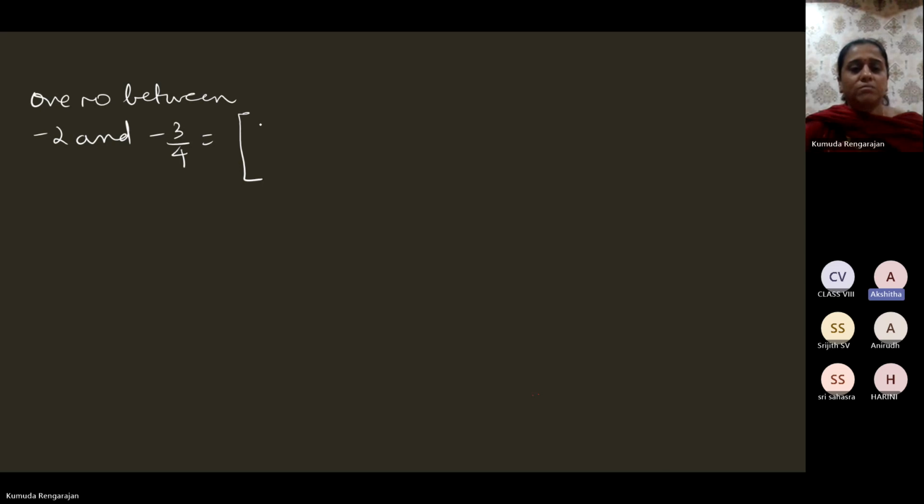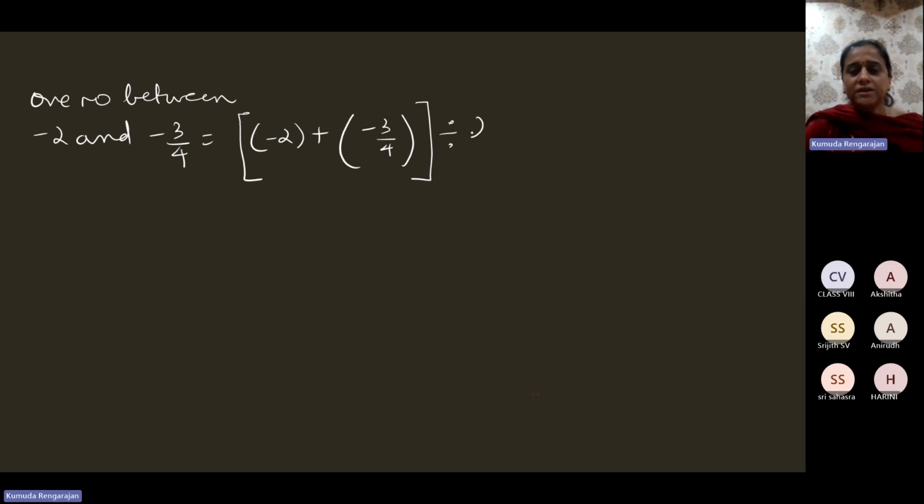So it will be minus 2 plus minus 3 by 4, divided by 2. Add the two numbers and divide by 2. So this is nothing but minus 2 minus 3 by 4. Division becomes multiplication and the reciprocal of 2 is 1 by 2.